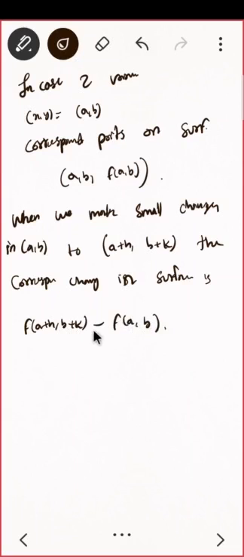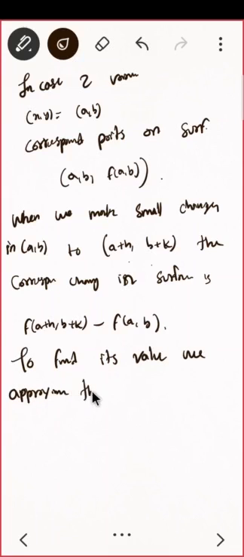So this is your corresponding change in the surface, if you make a small change in the point (a, b) and consider (a plus h, b plus k). Okay, we'll draw that. Let us just first see. Now to find this approximate value, we approximate the surface by means of a tangent plane.